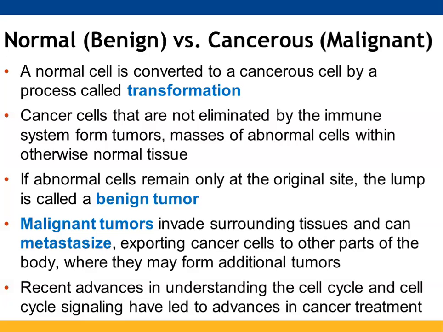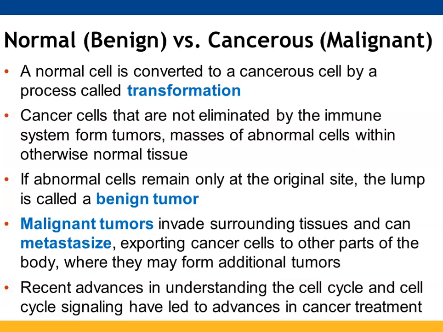Your immune system is actively working to identify cells that are not functioning properly. But if it is unable to do so, you can have tumors form, which would be abnormal cells clumped together in otherwise normal tissue.